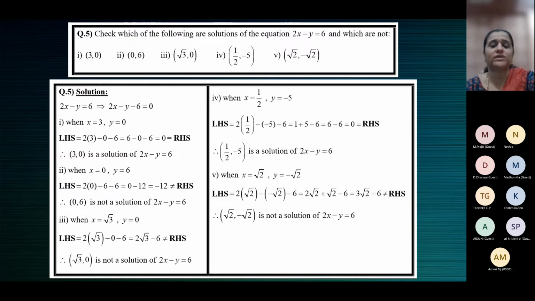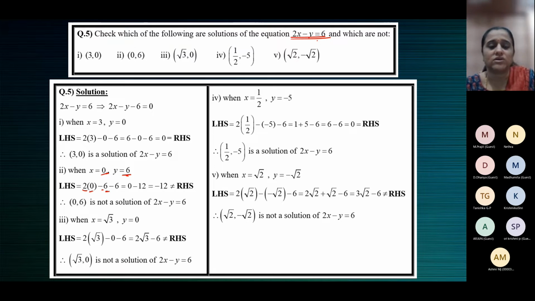Here you'll have to check which ones are solutions and which are not. If you take the LHS and work it and arrive at the RHS, it's a solution. Otherwise, it's not a solution. Like in the second case, the equation is 2x minus y is equal to 6.